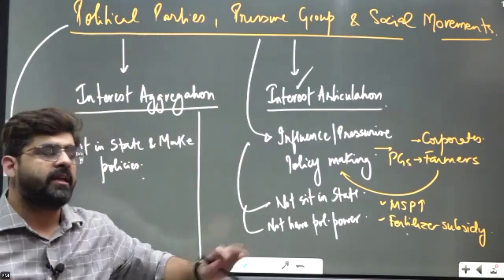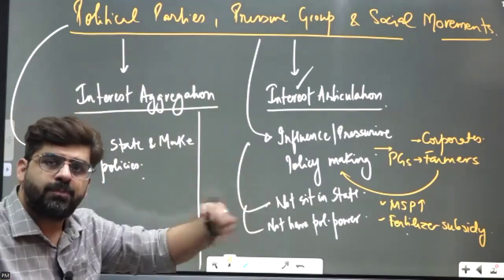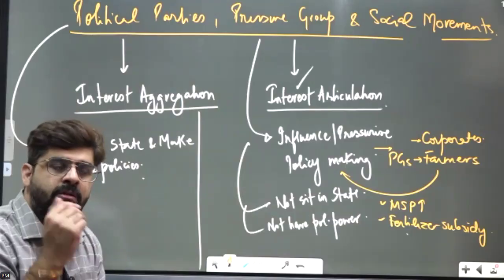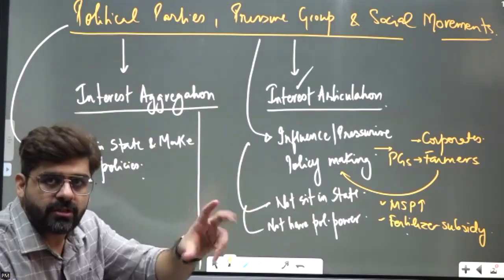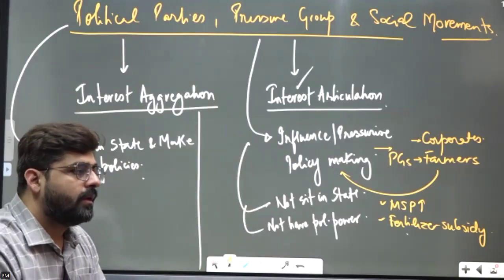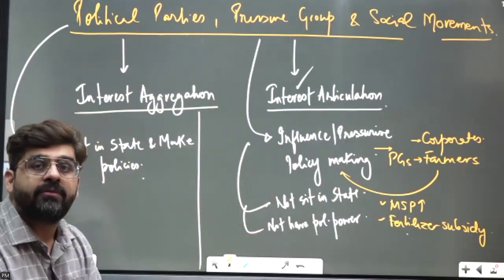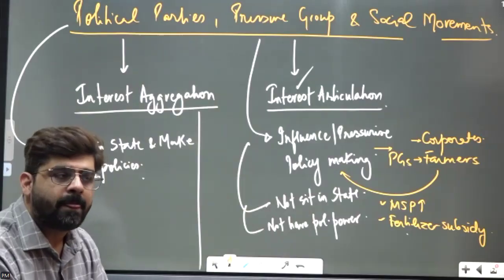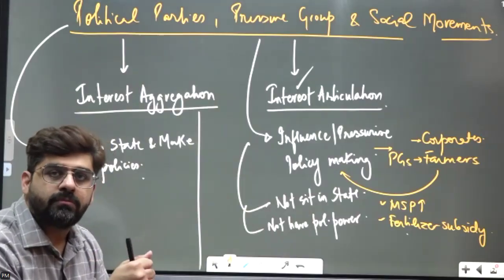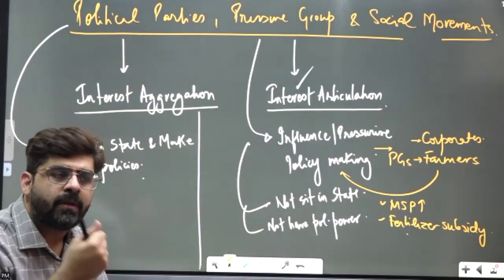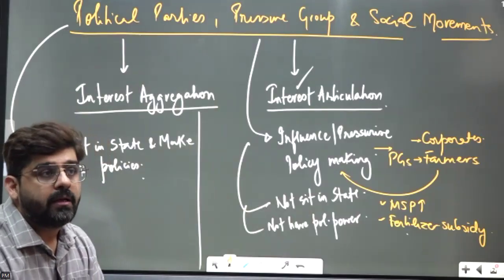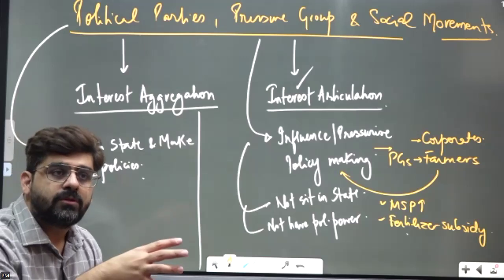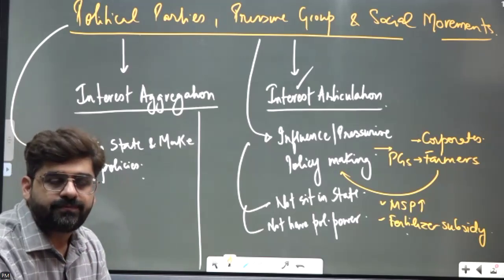And they will basically try to influence people about their position. And then once their party is in power, they will try to change the law also. Even if their party is not in power, they'll try to push via protests, via propaganda, or via lobbying so that their interests are taken care of.